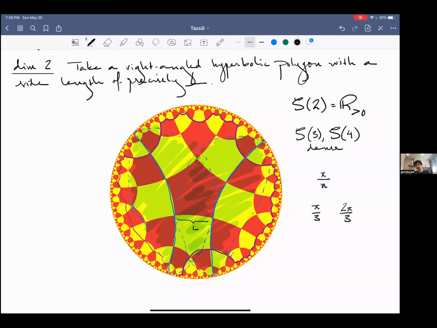I mean, you know it has to be discrete because it's a subgroup of the group you started with, but you can't say that the fundamental domain is the polygon itself, right?